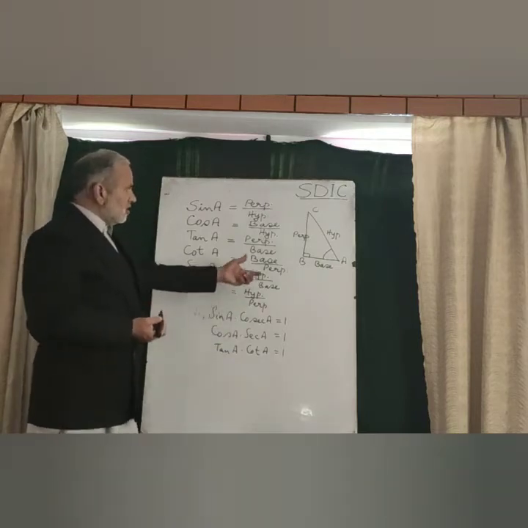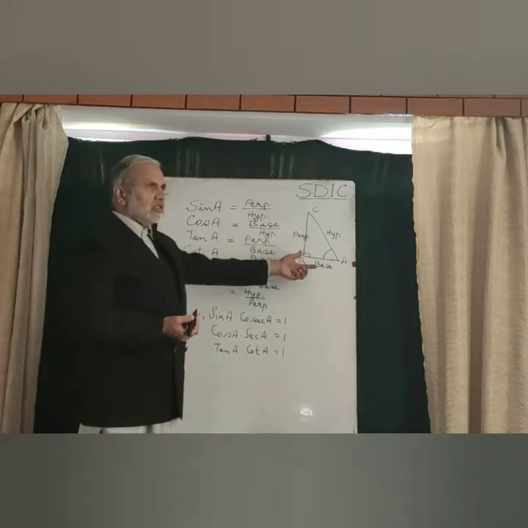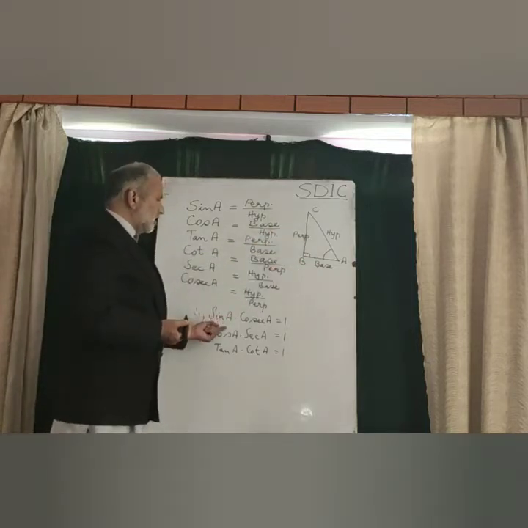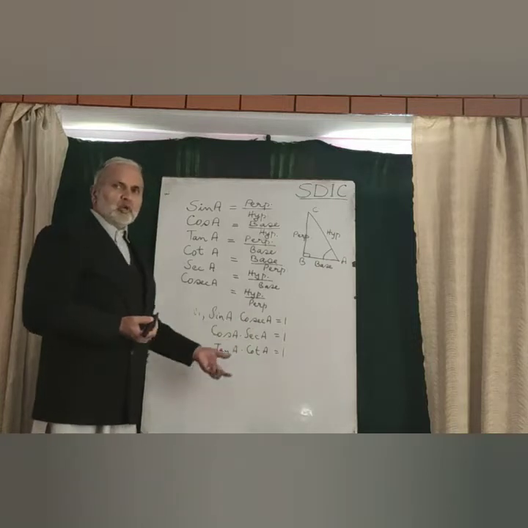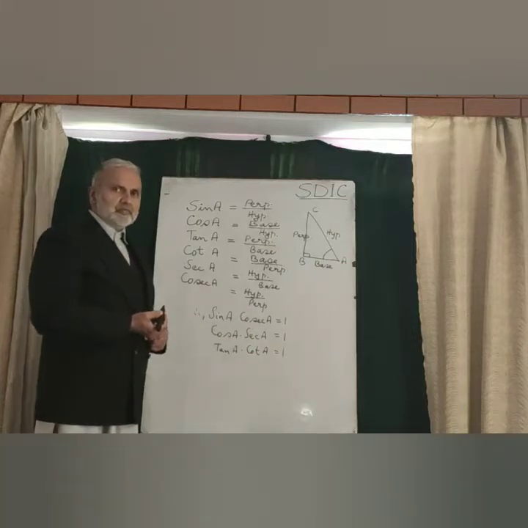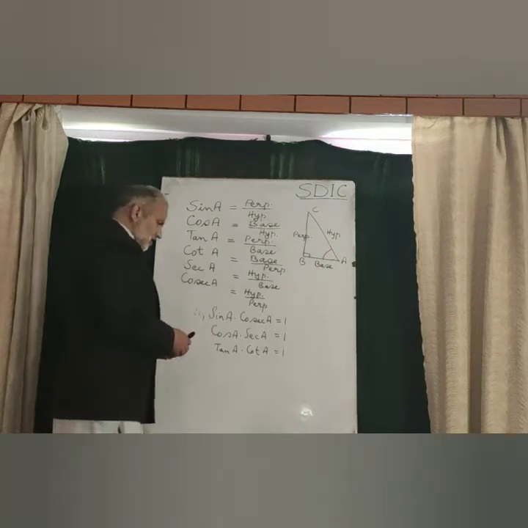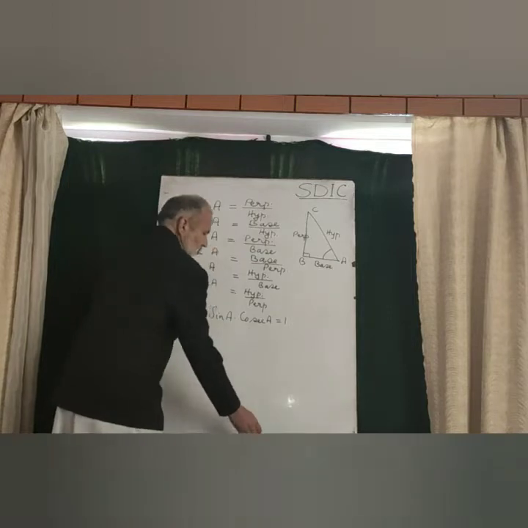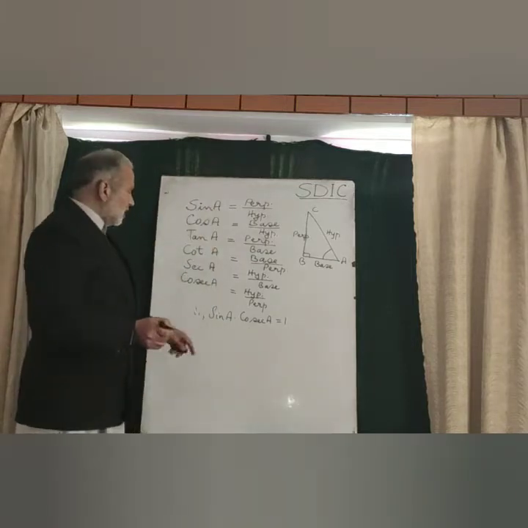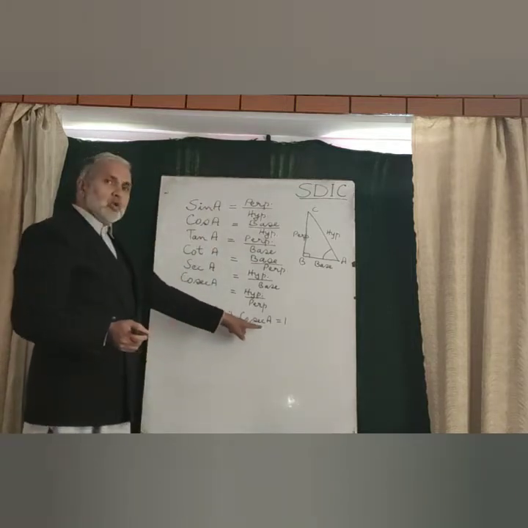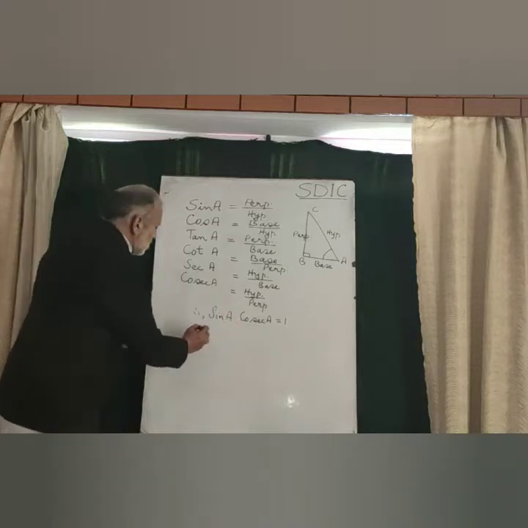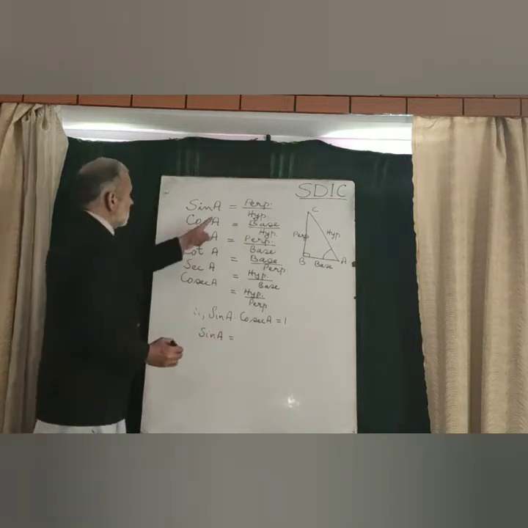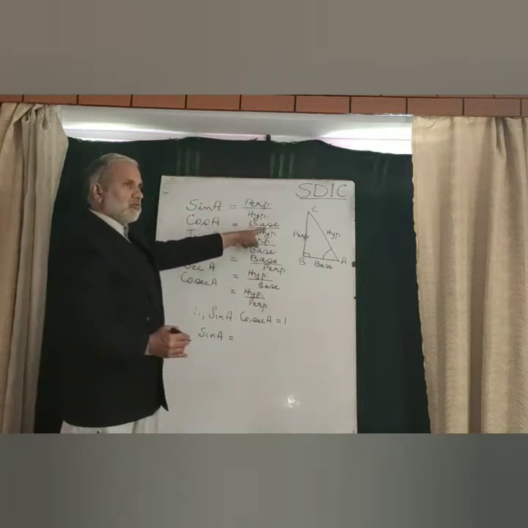For verification, you have to use the right triangle and apply the definitions of the trigonometric ratios involved in the different results. You will verify it. Let us verify the first one. Sine A into cosec A is equal to 1. To verify it, let us use the definition of sine A and cosec A. By definition, what is sine A? Sine A is perpendicular by hypotenuse.